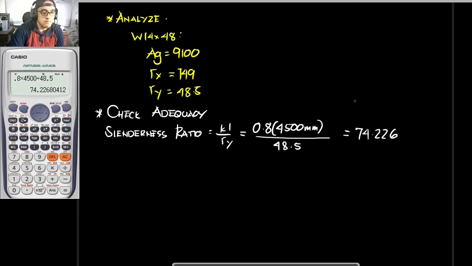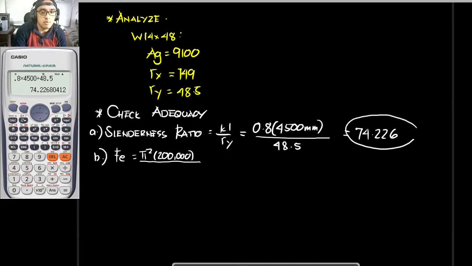After getting the slenderness ratio, B would now be FE. FE is equal to pi squared E, with E as 200,000, divided by KL over R squared, where KL over R is 74.226 squared.